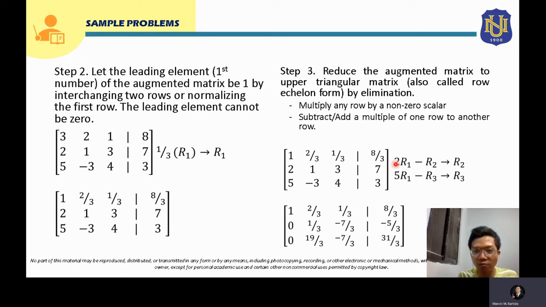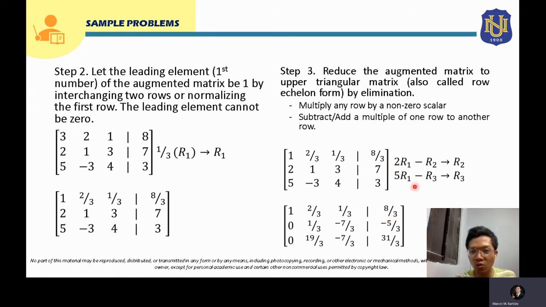So again, for 2 times 1/3 minus 3, that will be negative 7/3. So that will be negative 7/3 here. Now, 2 times 8/3 minus 7. Okay, so this will be negative 5/3. So it will become negative 5/3 here.